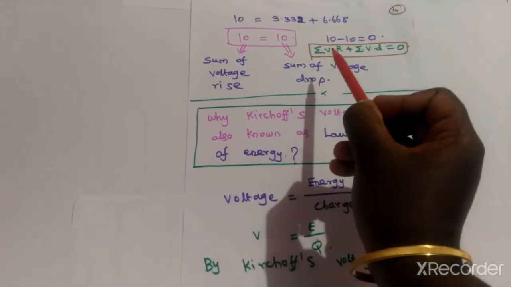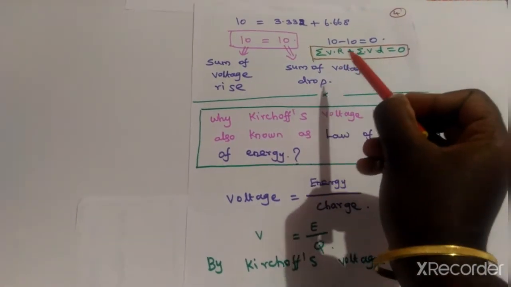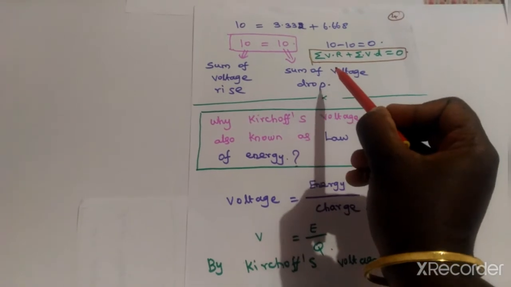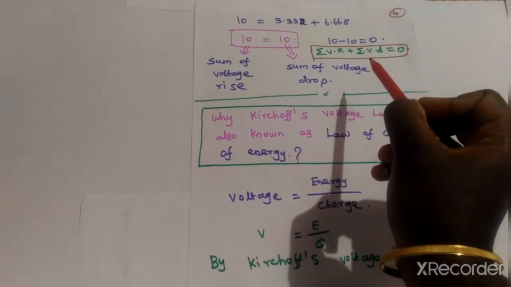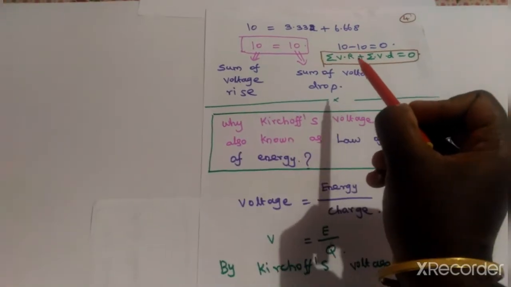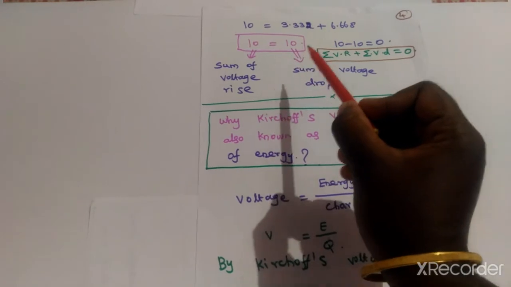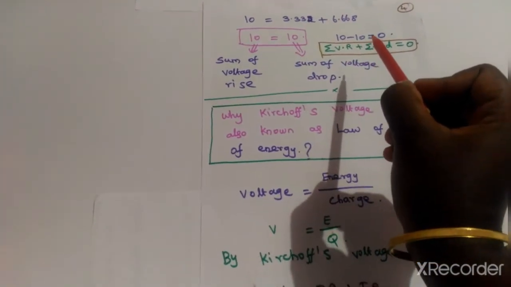And if we bring the 10 to the left side, 10 minus 10 is equal to 0. That is, the summation of voltage in a closed loop is equal to 0. Otherwise, summation of voltage rise plus summation of voltage drop is equal to 0. So these are the two alternate statements. Summation of voltage rise is equal to summation of voltage drop. Otherwise, the summation of total voltage in a closed loop is equal to 0.